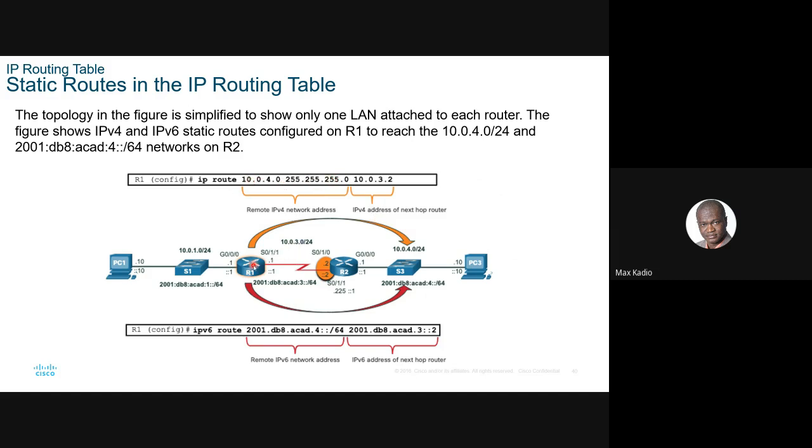Via what? I can say via my exit interface or via the next hop IP. So here, next hop IP: ip route, remote network, subnet mask, and the IP address of the next hop, this interface. So IPv4, IPv6. This one is important. You can also check.